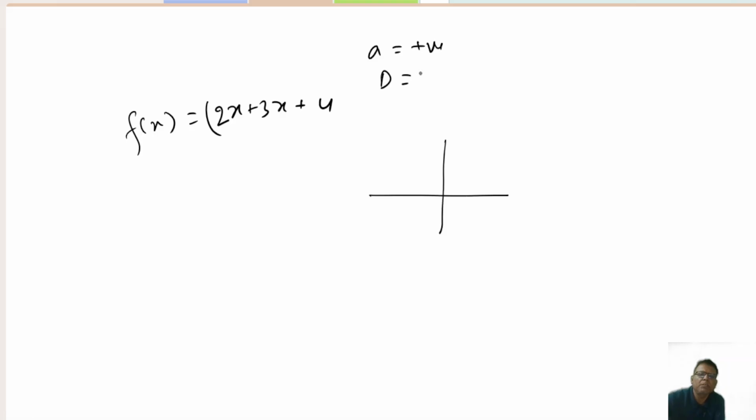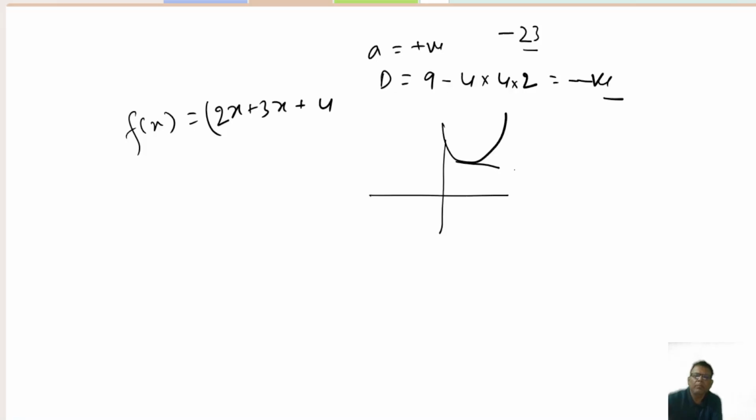Then you find d. d is b square minus 4ac: 9 minus 4 into 4 into 2, that is negative. So the graph will be something like that. And what will be the minimum value? Minus d is 4 fours are 16, 32, 32 minus 9, that is minus 23.